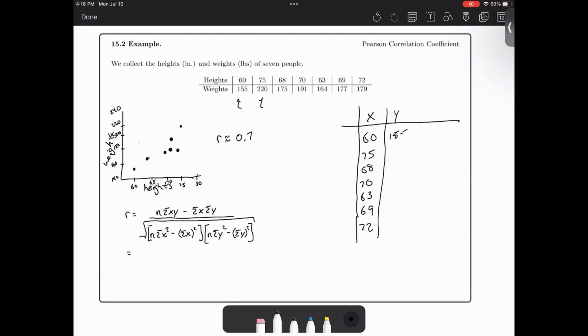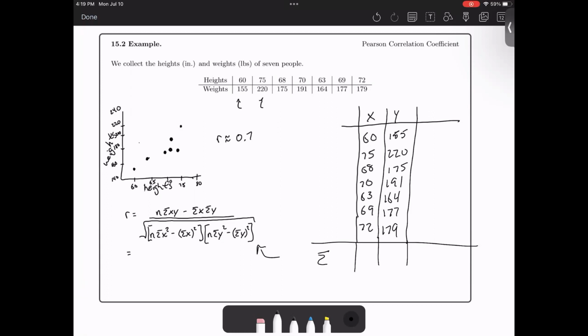And remember, it's important that these are paired data, so don't mix these up. And if I look at this equation here, what else do I need? So we're going to give ourselves sums. I need the sums of the x's, the sums of the y's, but I also need the sums of the x times the y's. And I also need the sums of x squareds and y squareds.